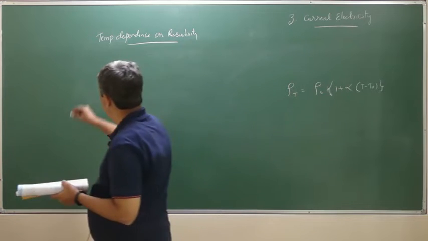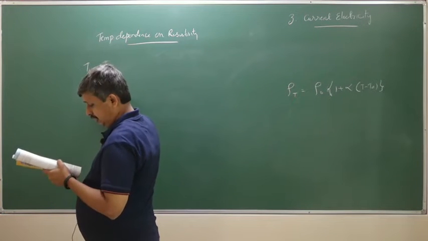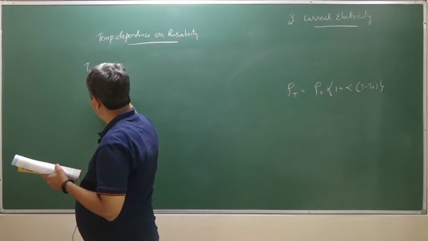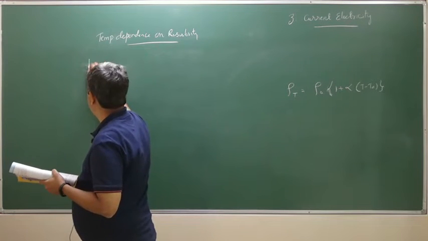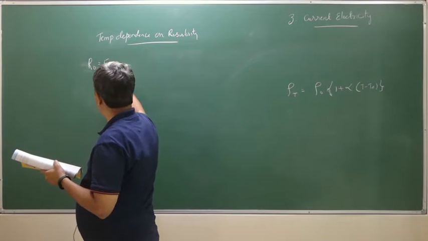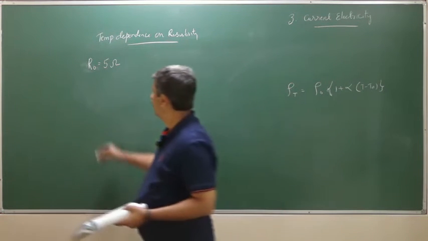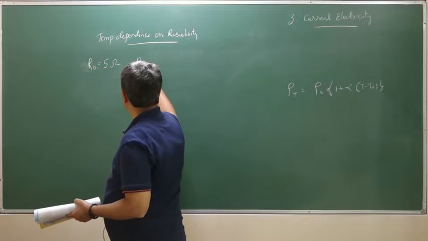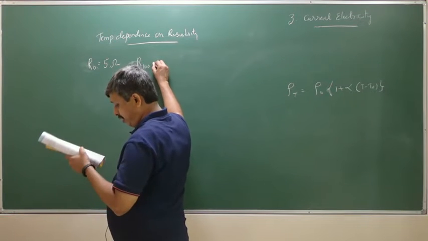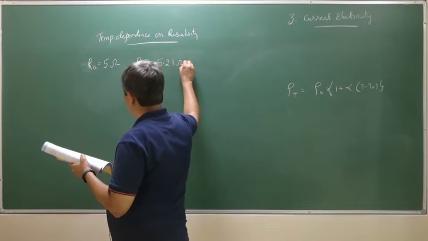That means at T equal to 0 degrees, I will call this R naught as 5 ohms. And R100, at the steam point, is 5.23 ohms. These are the two pieces of information given.